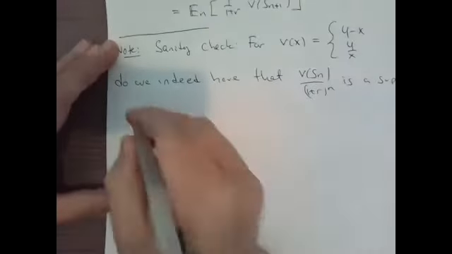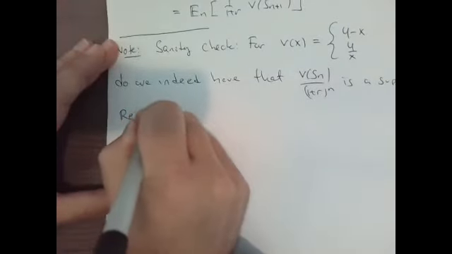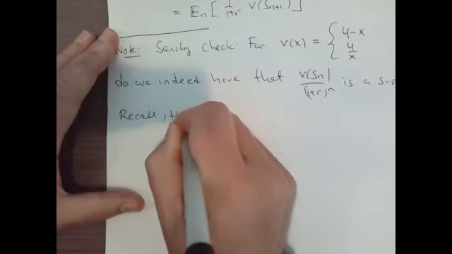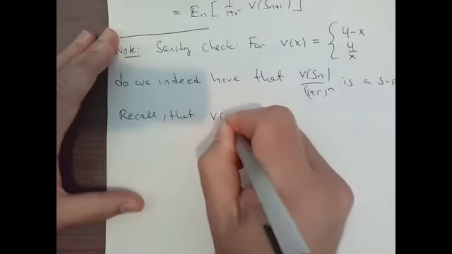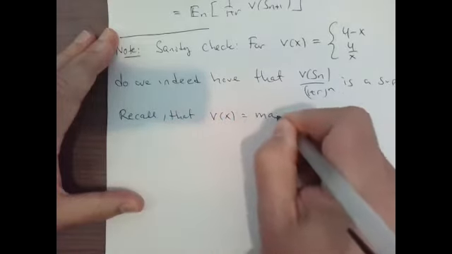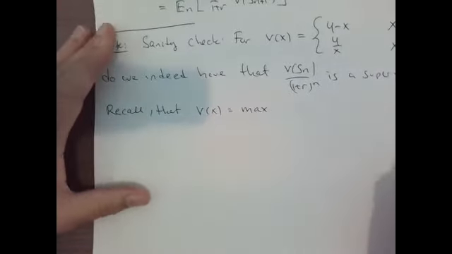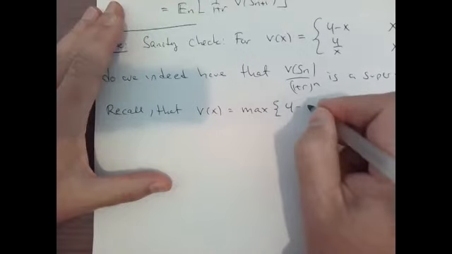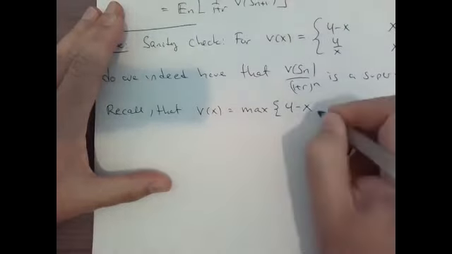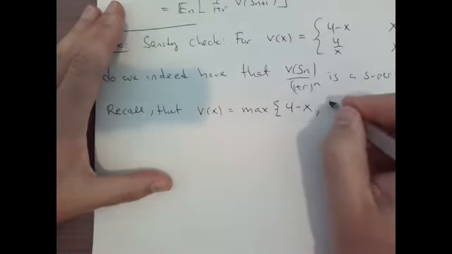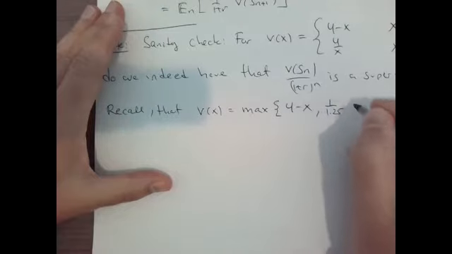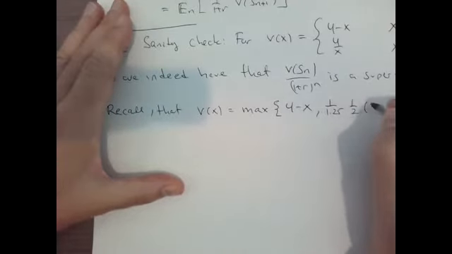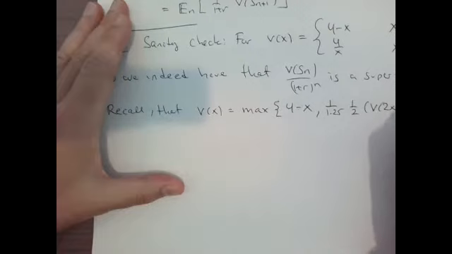Well, recall that V of x was equal to this max. It was equal to the max of 4 minus x, and then that European version, which was 1 over 1.25, 1 over 2, V of 2x plus V of x divided by 2.